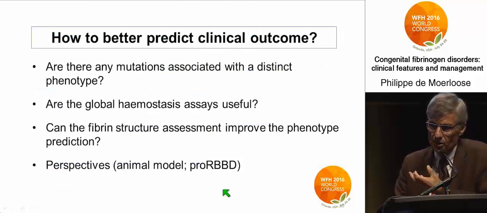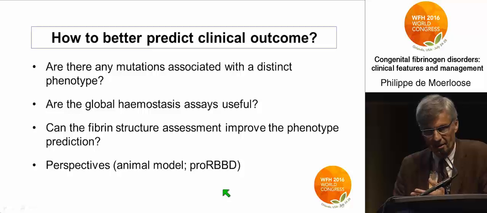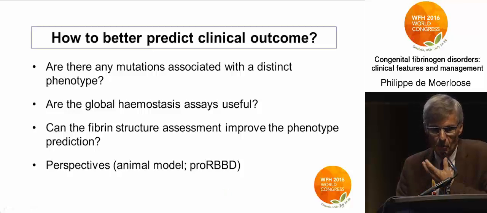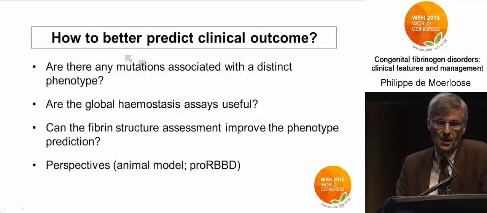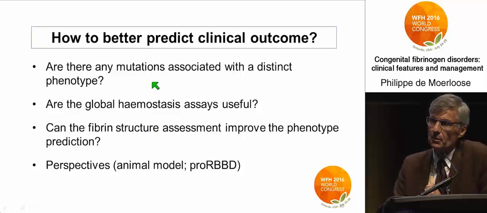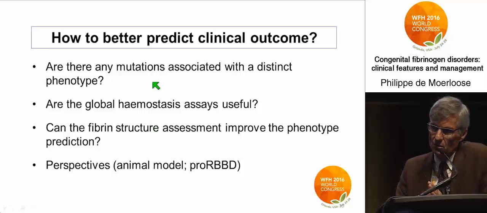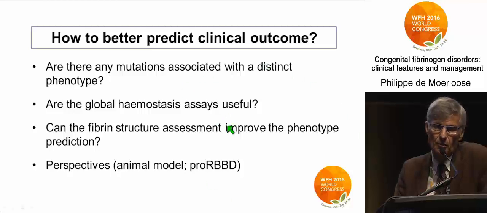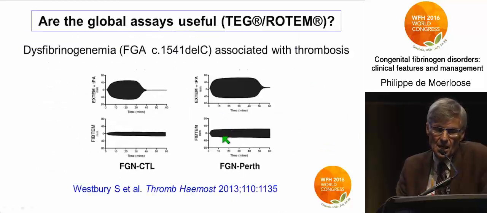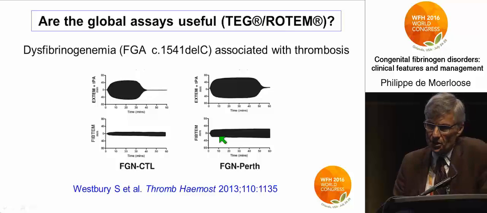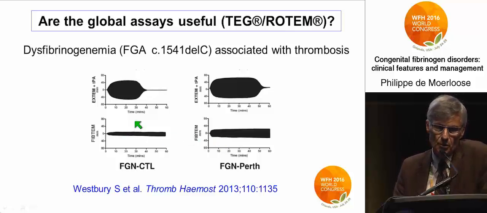And a similar question that Jean-François raised: how can we go further? We are saying that the mutation explains some of the fibrinogen disorders, amyloidosis, and some cases of dysfibrinogenemia. But for most of the cases, it's not enough, and it's not the real explanation. So are some global assays more useful? There are very few publications concerning that. There are really 3 publications.